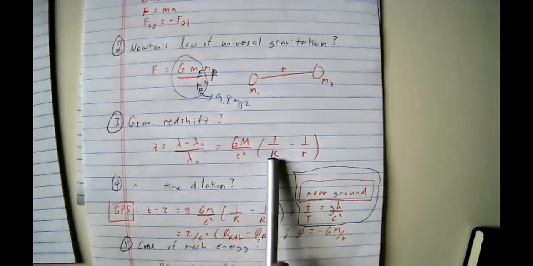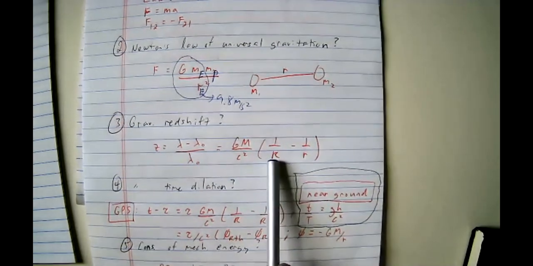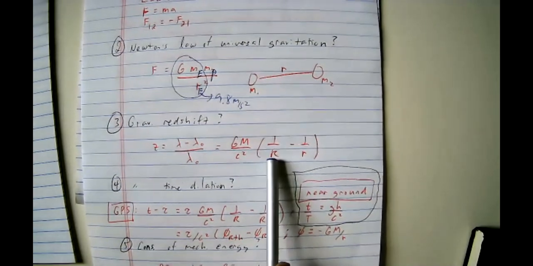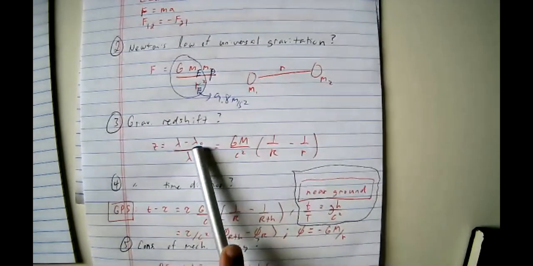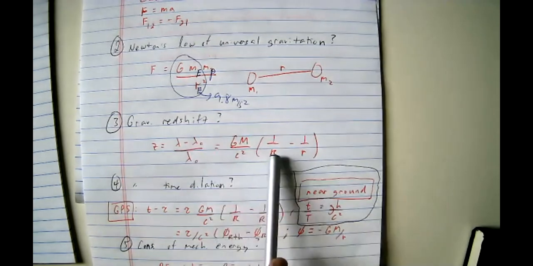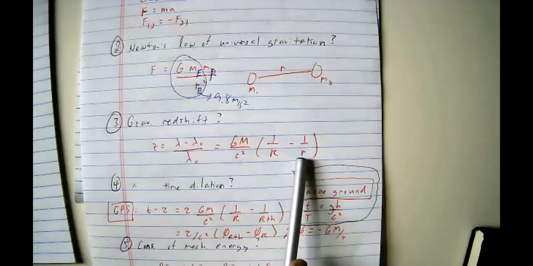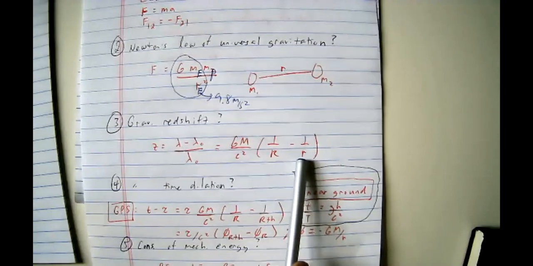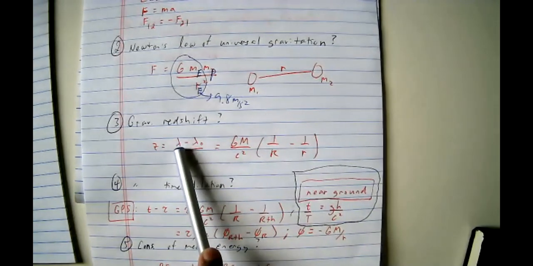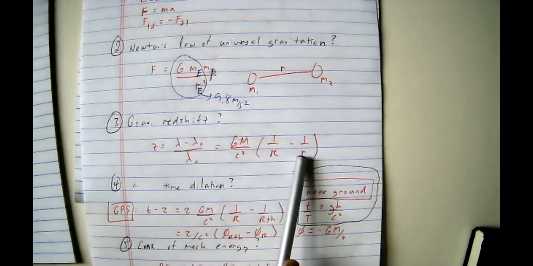Capital R is the radius of the sun if you're talking about a wavelength of light that was emitted at the surface of the sun, and R would be the distance between the Earth and the sun if we're talking about the wavelength being detected on the Earth.